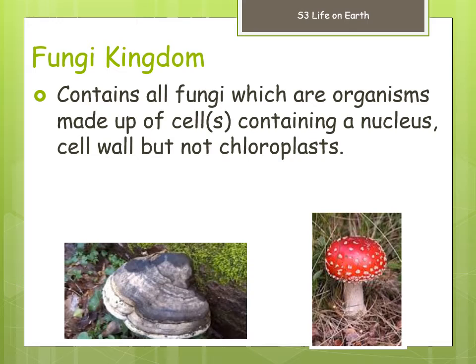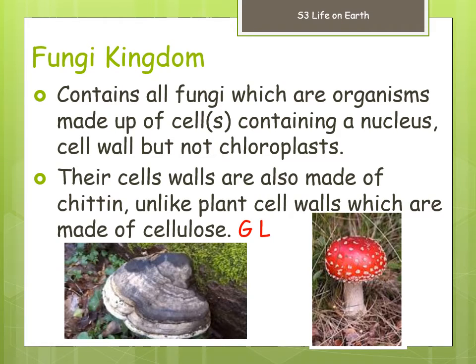A lot of the fungus is actually underground, so that's why some of the biggest organisms in the world are actually part of the fungi. Their cell walls are made of chitin, which is slightly different from plant cells. That's why they are separated from plants, in that they have chitin rather than cellulose in their cell walls.